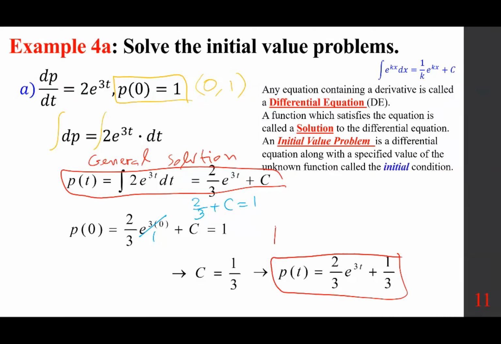This is a unique or a particular solution. So the purpose of the pair is to find C, known as initial value problem.